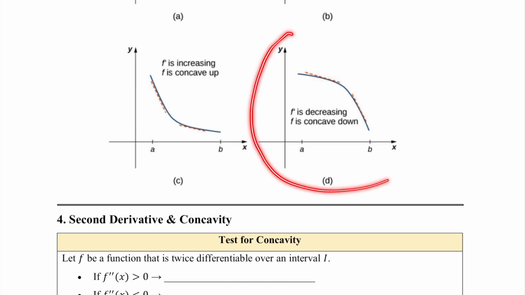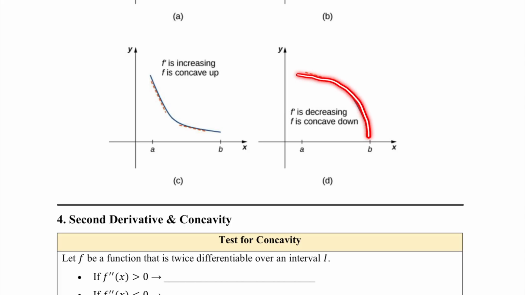And finally, this last graph, here the slopes are getting more negative, so f prime is decreasing, which means the graph is concave down. So the big idea here is this. Concavity depends on how the slopes are changing, not just whether the function is increasing or decreasing.